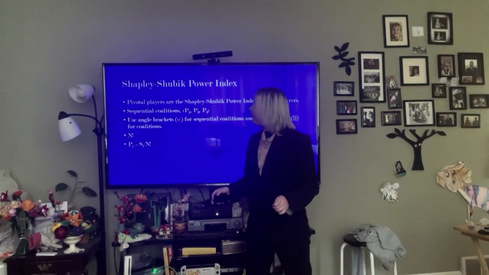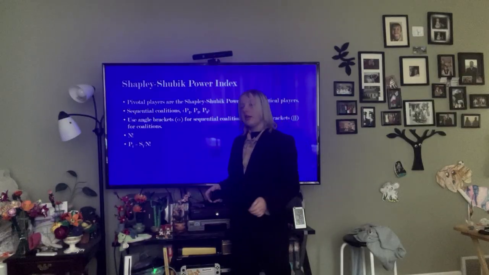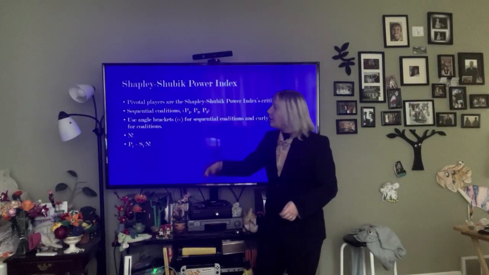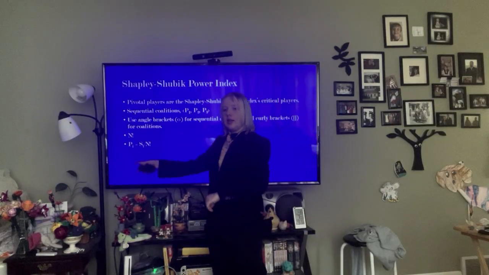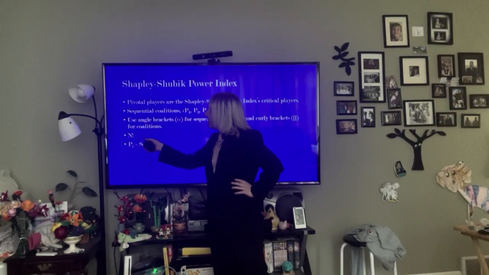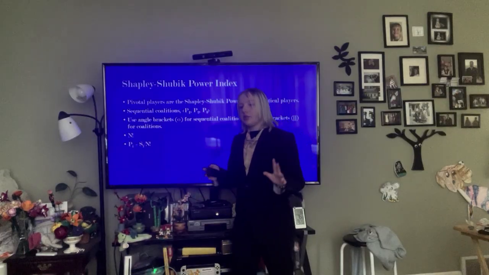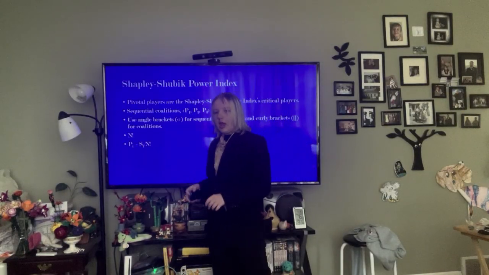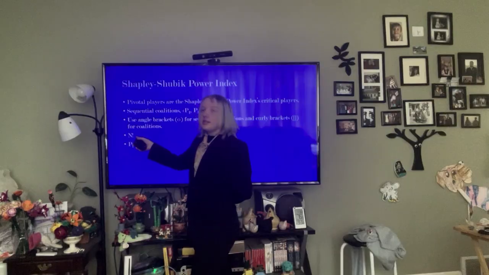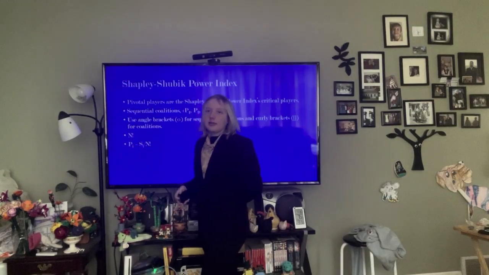To find the total amount of sequential coalitions, when using the Shapley-Shubik Power Index, you have to take this wonderful thing here, which is n, as you should know by now. N is the total amount of players, and it's going to be a factorial, so you're going to need n factorial.